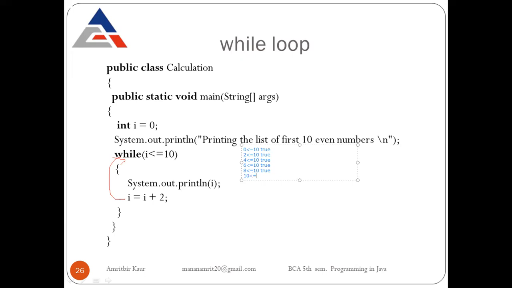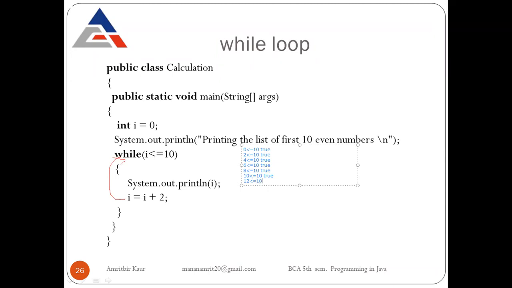When it becomes 10, the condition is true because although 10 is not less than 10, it is equal to 10. So the condition is true and control will enter into the body and it is displayed on the screen. But after displaying, 10 is updated by 2, 12. Now i becomes 12.